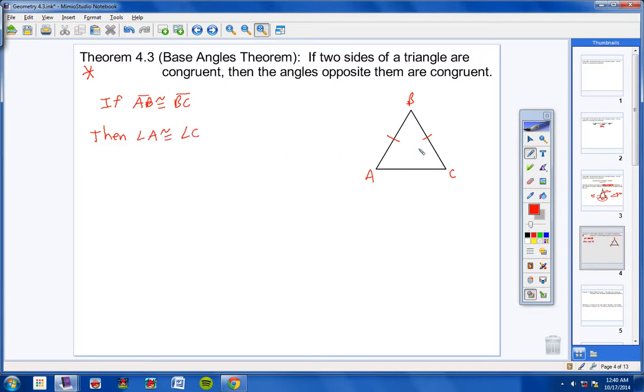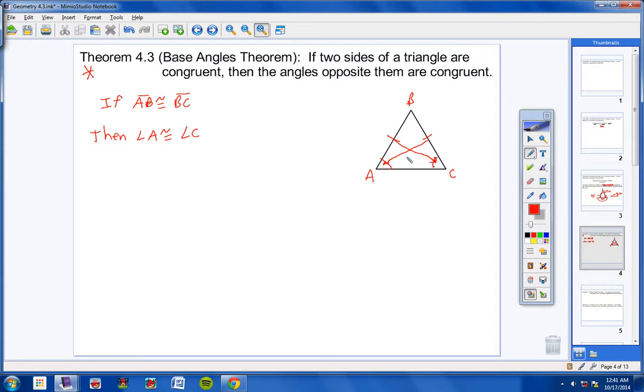Let me show you how I know this. Here's what this theorem is saying. If this side here in the triangle is congruent to the side over here, which they are, then their opposite angles are also congruent. See this side right here, go straight across to this angle here, and see this side here, go straight across to this angle over here. These two angles are congruent.